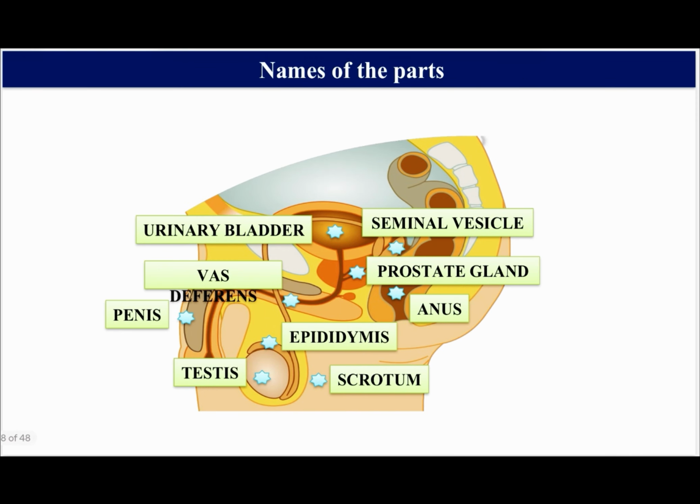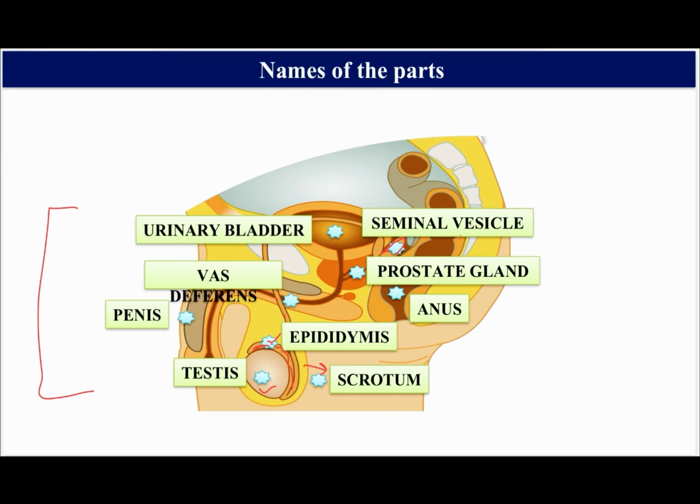We will go through each part in later slides. If we see first, this is the testis, and the testis is covered by the scrotum. This part is the epididymis. After the epididymis, this tube-like structure is the vas deferens, and the vas deferens ultimately joins near the urinary bladder.